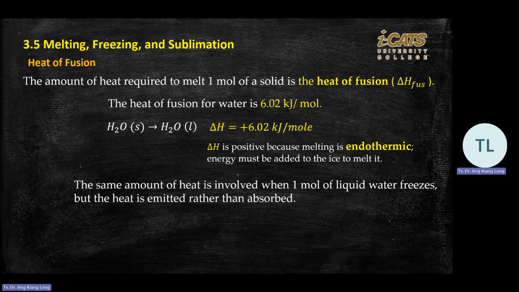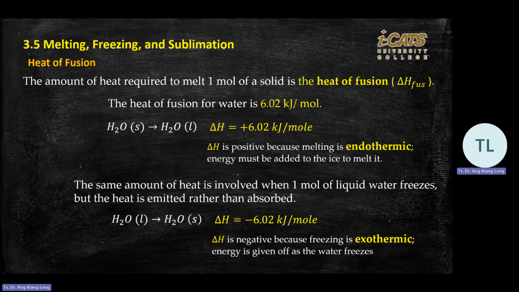You write H2O(l) on the left hand side, arrow, then put the (s) on the right hand side. Delta H is negative, the same magnitude, negative 6.02 kilojoule per mole, but it's negative when you convert liquid into solid. And this is exothermic. So you can see this is another example. If you understand the top one, you should be able to understand the one below.